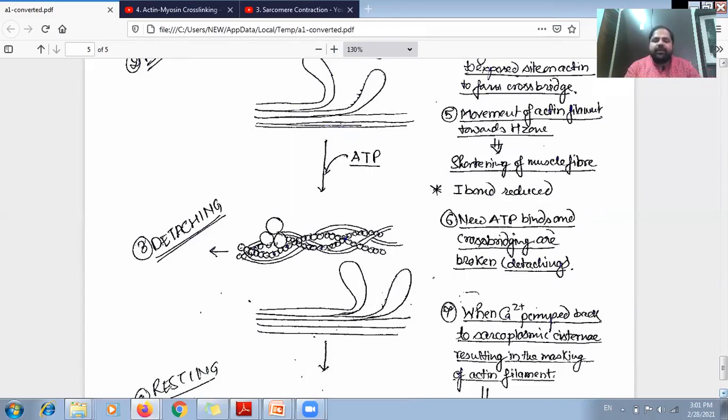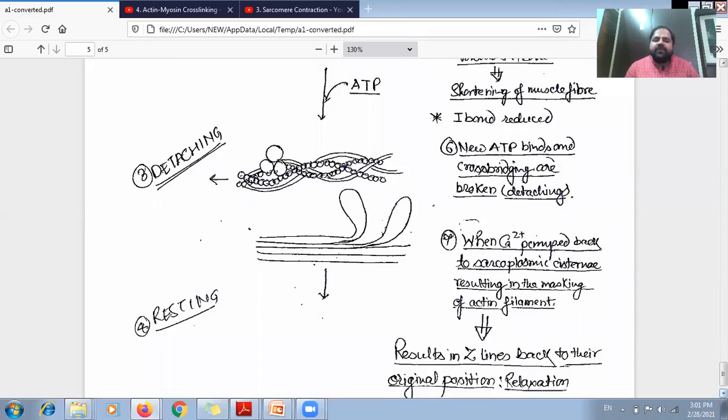Then what happens next? The resting phase occurs. When the movement is completed, the calcium will be pumped back to the sarcoplasmic cisternae, resulting in the masking of the actin filament. When the calcium is pumped back, there will be less calcium.